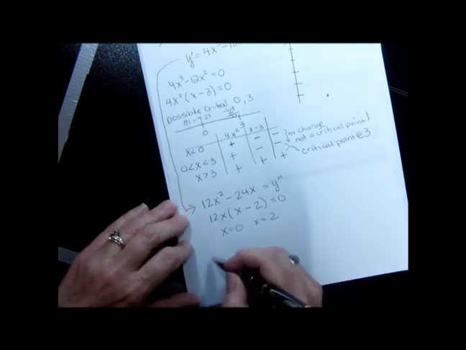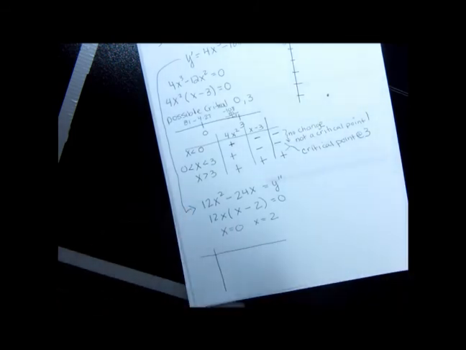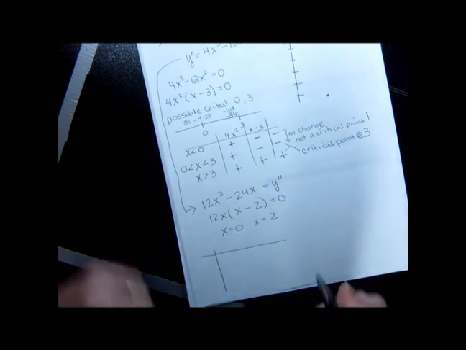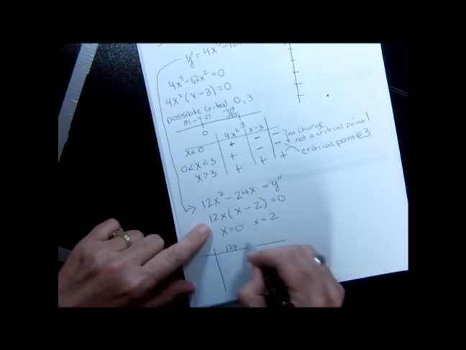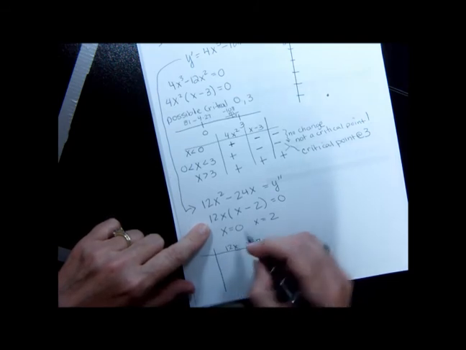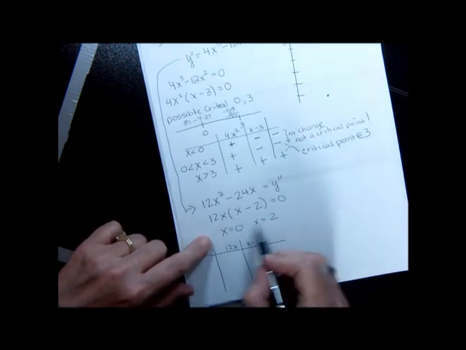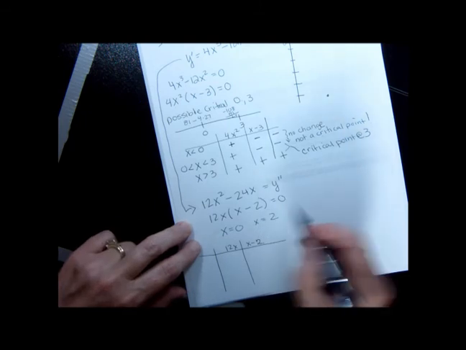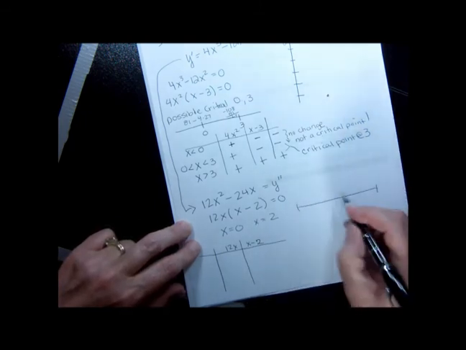So just like I tested the critical points, I do the same thing for the inflection points. This time though, I'm going to use my second derivative, which is 12x and x minus 2. Here my values are 0 and 2. So again, I'm going to look at a number line of sorts. I'm going to have 0 here, 2 here.